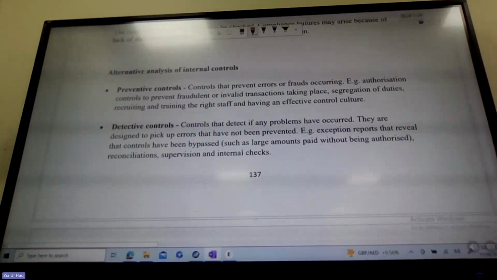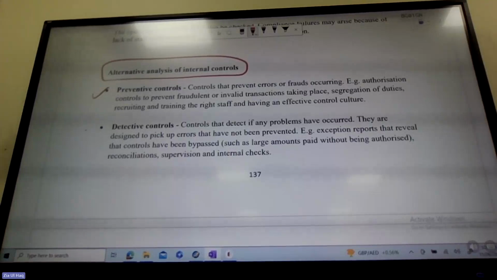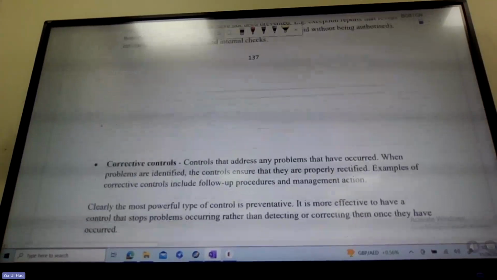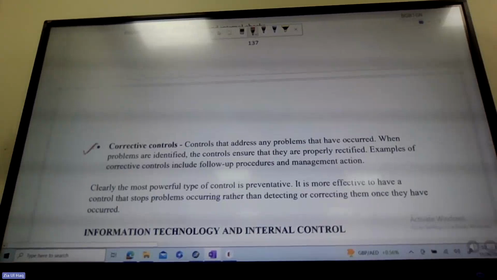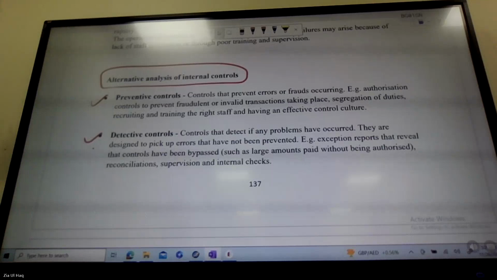Types of internal controls: there are some controls in the organization that prevent fraud and errors, some controls that detect fraud and errors, and some controls that correct fraud and errors. Prevent means stopping the chances of incurring fraud and errors.